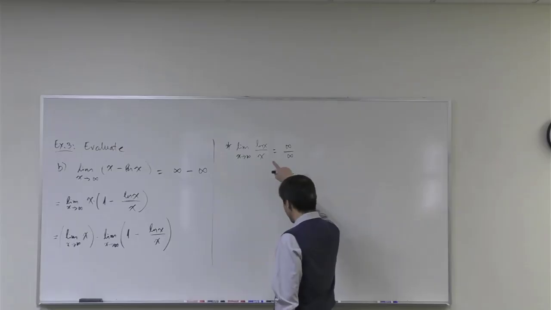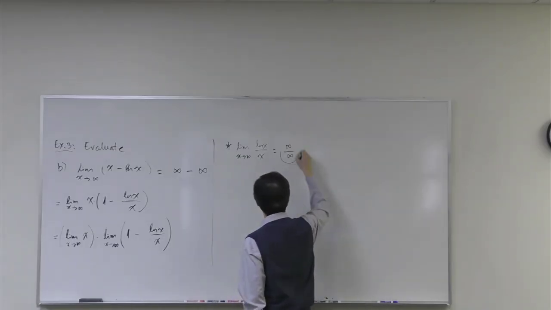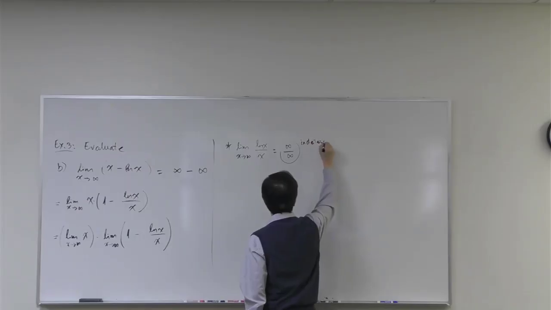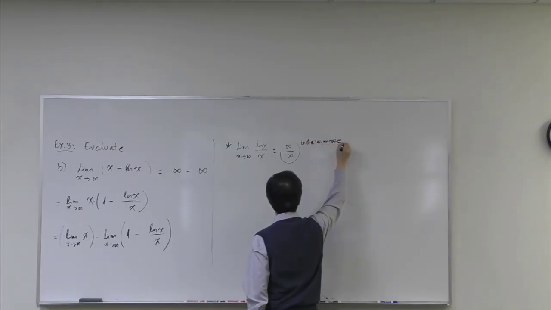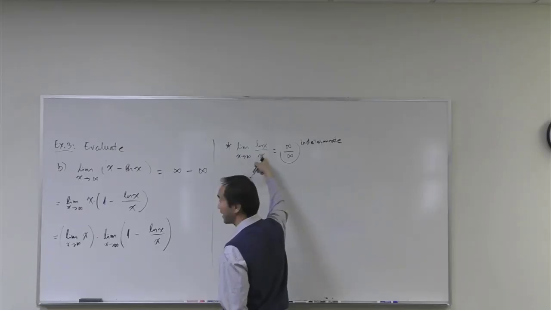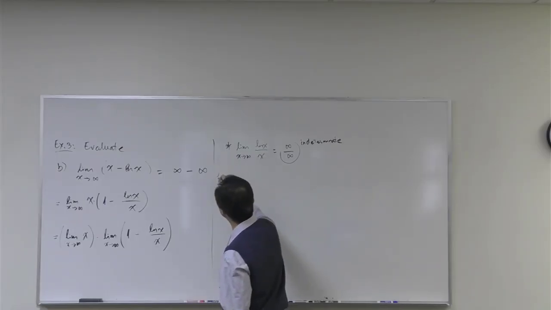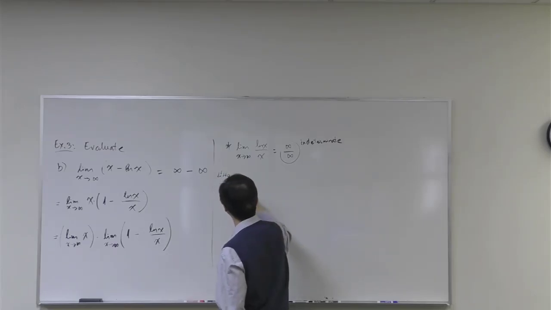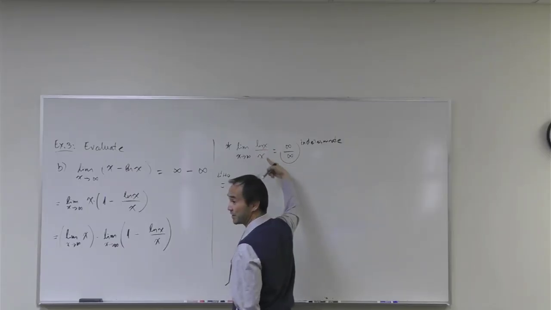Now I'm going to use L'Hopital's rule just to find the limit of that particular term. According to L'Hopital's rule, we take the same limit but with a slightly different function: the two separate derivatives.